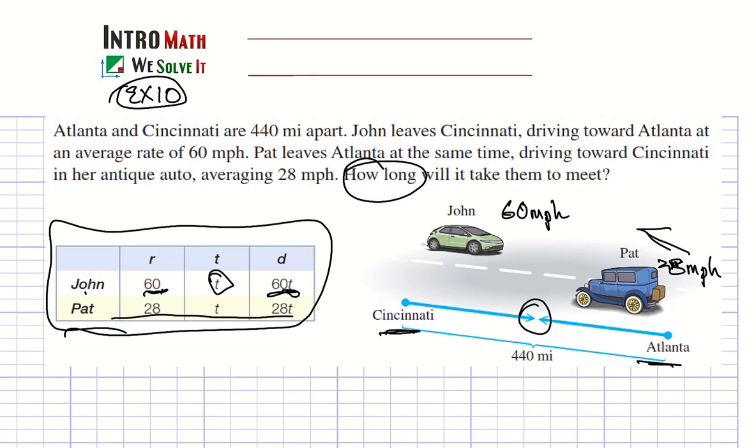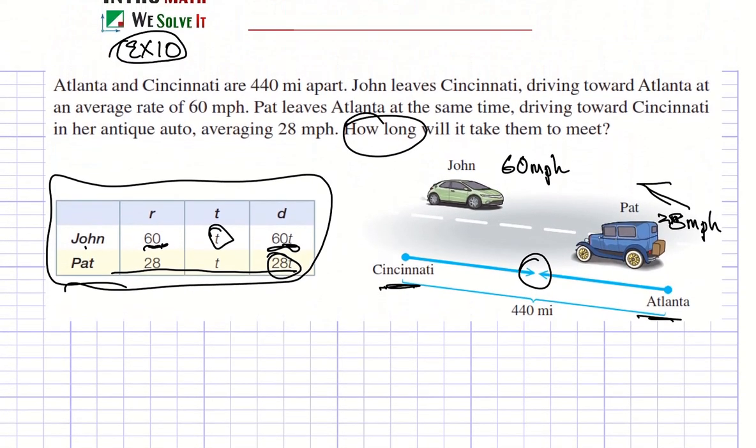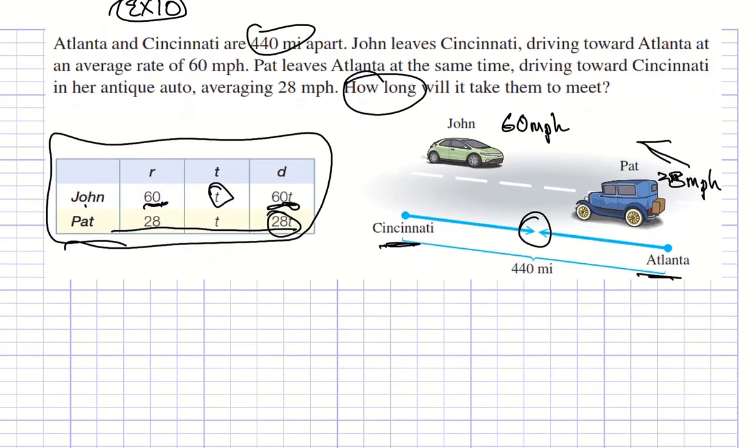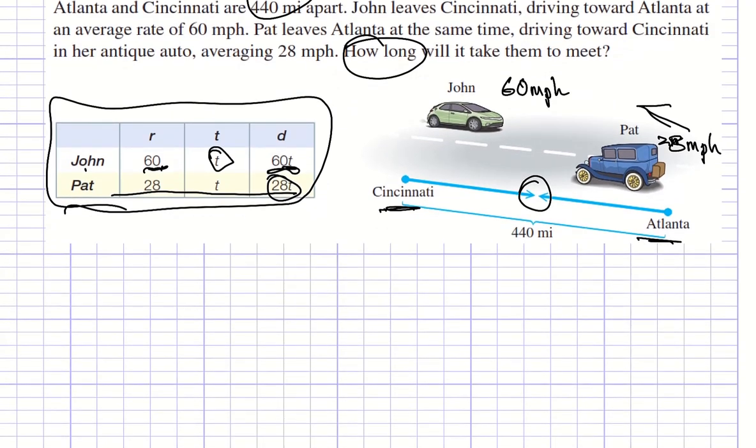They do the same thing for Pat. But now this is where they will meet. You just have to try to conceptualize the problem. They will meet somewhere going at different rates. You're given the distance, you just have to work with what you're given. Try to understand the problem.